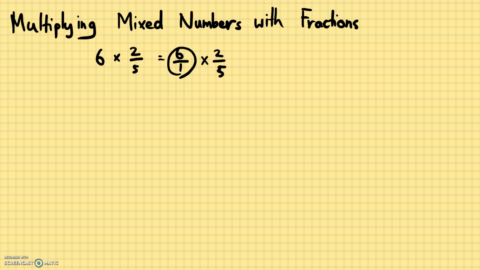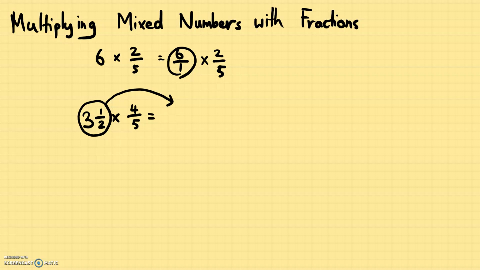And it's basically the same with mixed numbers. So if you have mixed numbers, say 3 and 1/2 times 4/5, for example, change the mixed number to an improper fraction.